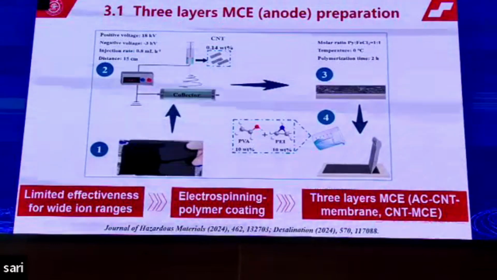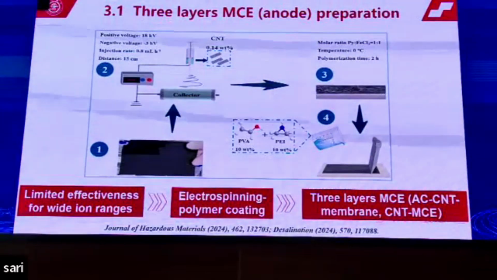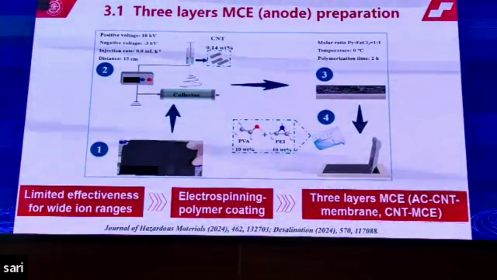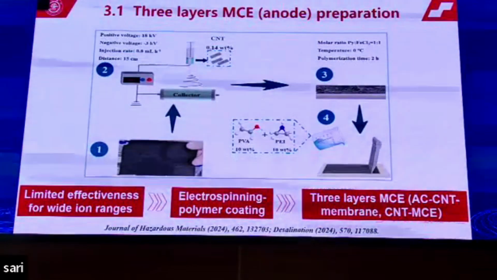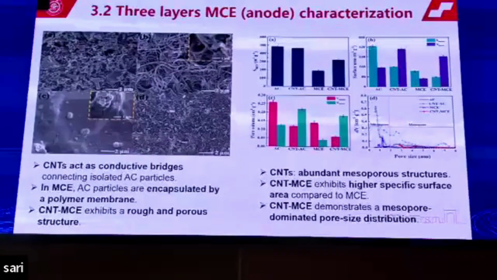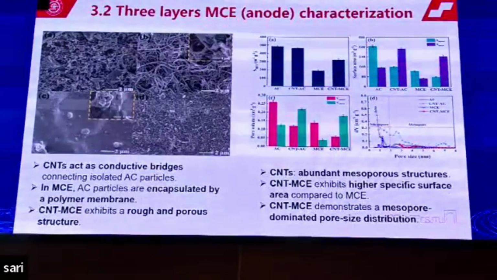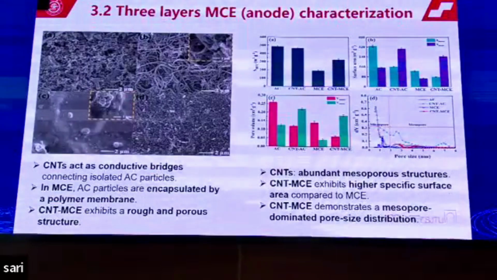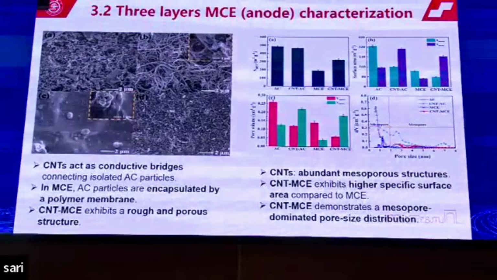Besides the polymer coating, we added a CNT layer during the electrospinning. When we use this way, it formed a 3-layer structure of AC, CNT, and membrane coating layer. From the morphology, we can see the previous AC was just separated one by one. If we added the CNT, we can connect them together to increase its electrical property.